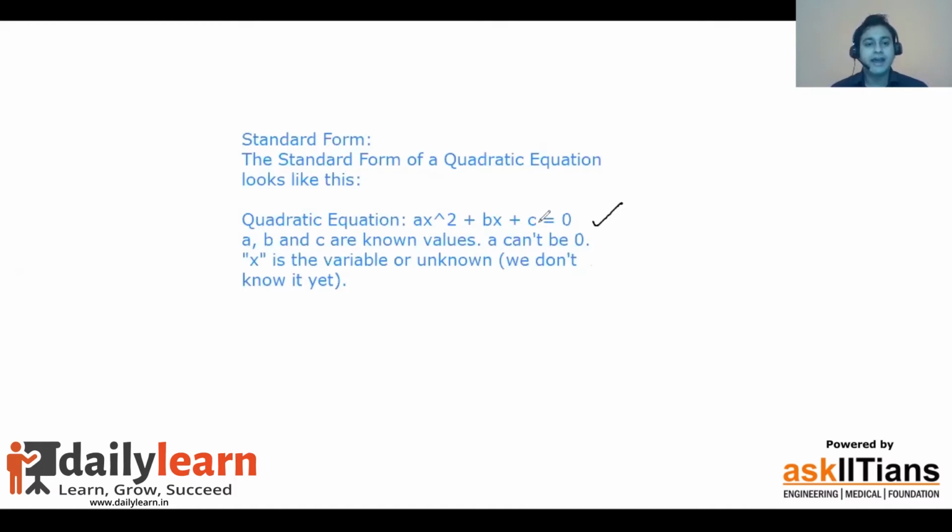Here it is an equation, so the equal to sign comes, and that's why we call it a quadratic equation. The important thing to note is that a cannot be 0, as the equation will become linear in that scenario. And here x is our variable.